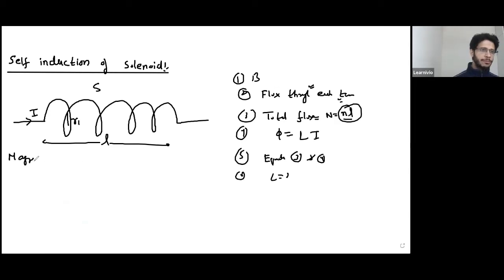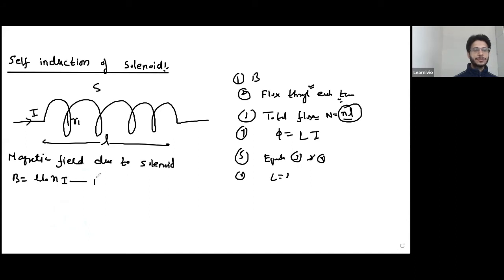You will first need the magnetic field due to the solenoid. So the magnetic field due to the solenoid is B equals mu naught n i. That's the first equation. Now you will need the flux through each turn. The flux through each turn is phi prime, which is magnetic field multiplied by area, pi r square.